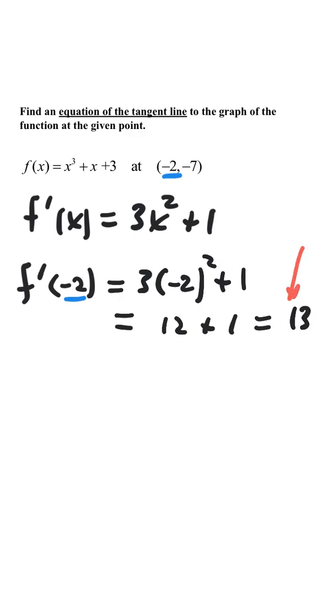We have just found the slope of the function at the point -2, -7.